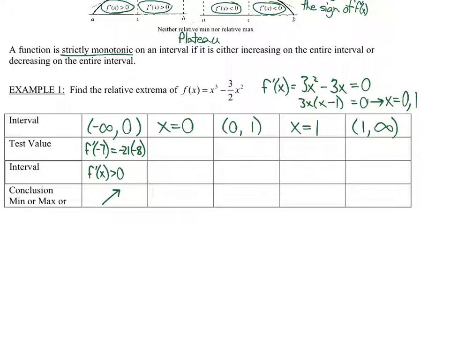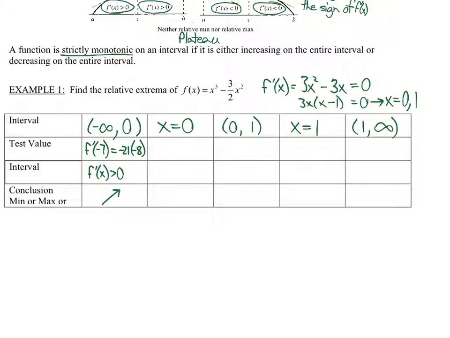Okay? That's why we identify those zeros first for the derivative, because I know everything to the left of 0 is going to have the same sign for the derivative. It may be a little flatter or a little steeper, but it will all be positive.